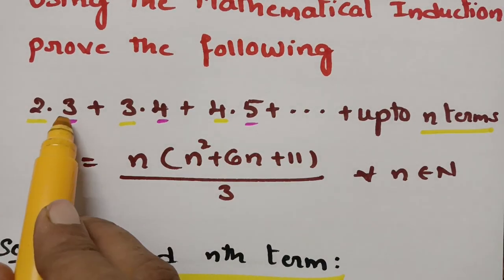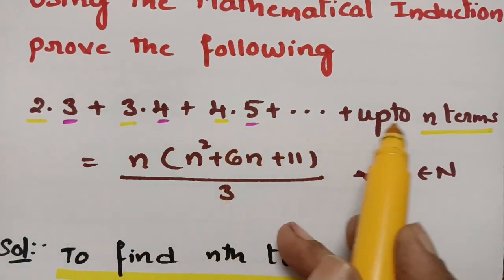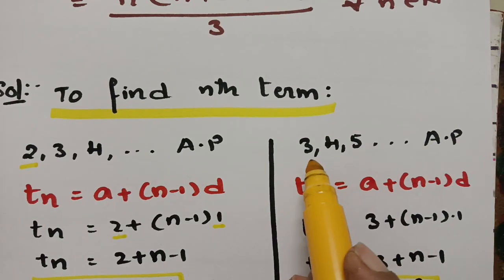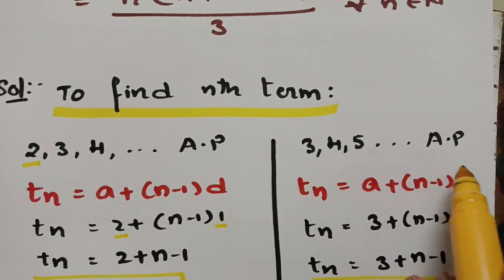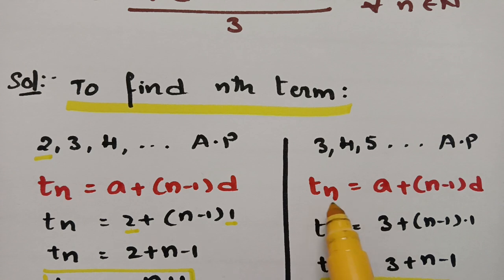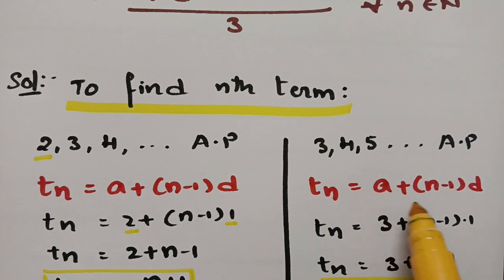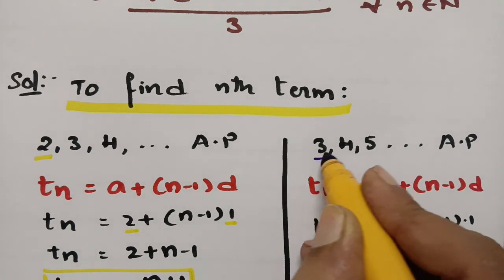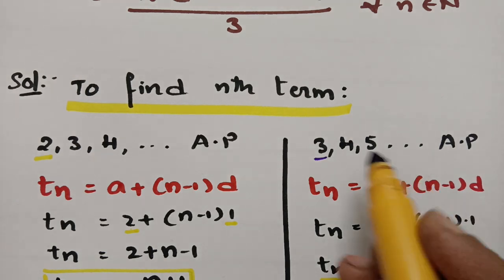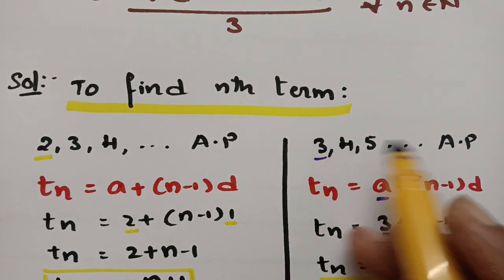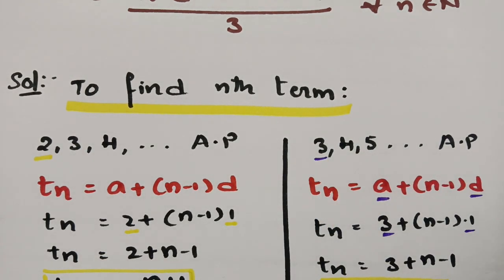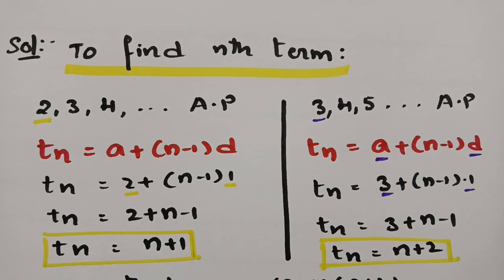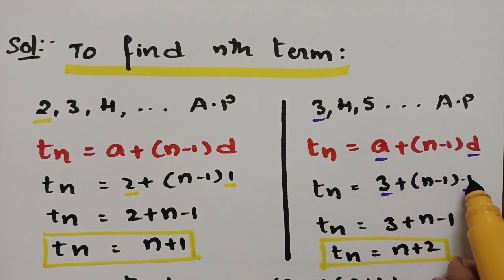And the next one is 3, 4, 5 and so on. If you observe, 3, 4, 5 are again in AP. So we have the formula Tn is equal to A plus (n minus 1) into D. Here the first value is 3, so A is equal to 3, and the common difference is 4 minus 3, so D is equal to 1.